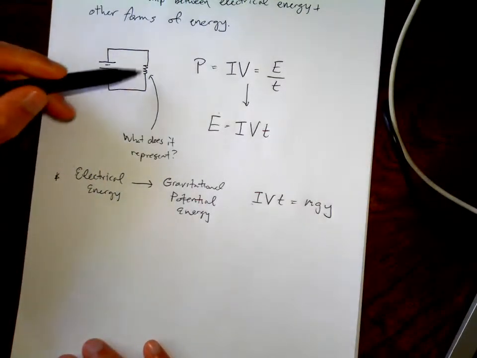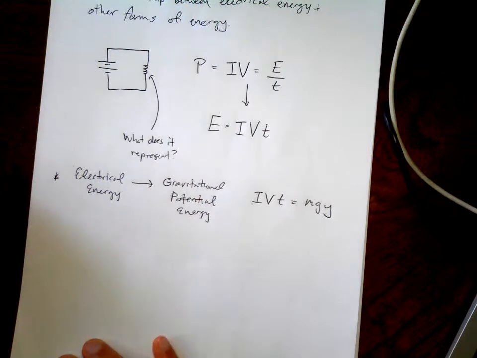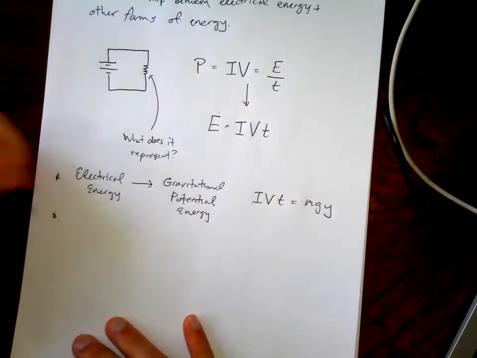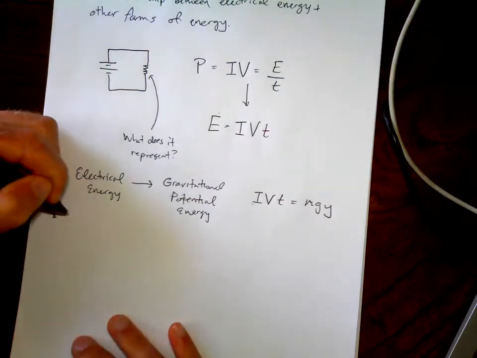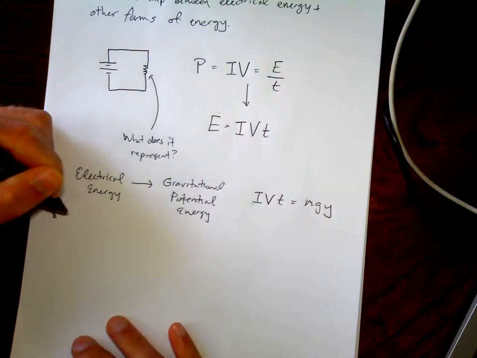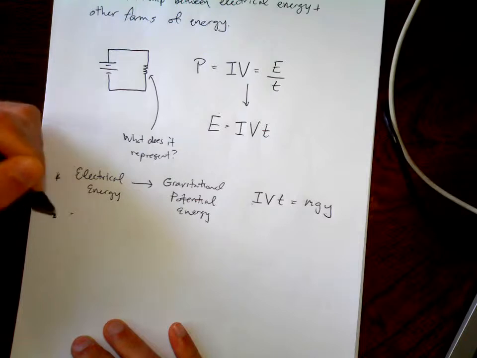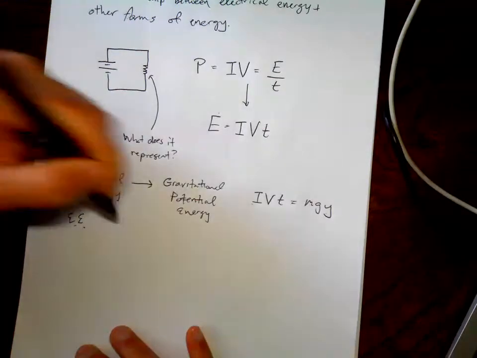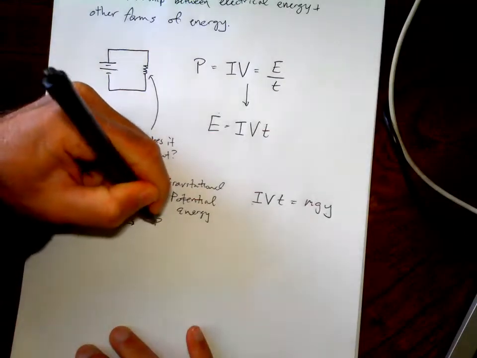What if this resistor is representing a motor, for example? Then you would have electrical energy, which I'll just call EE, becoming rotational kinetic energy.